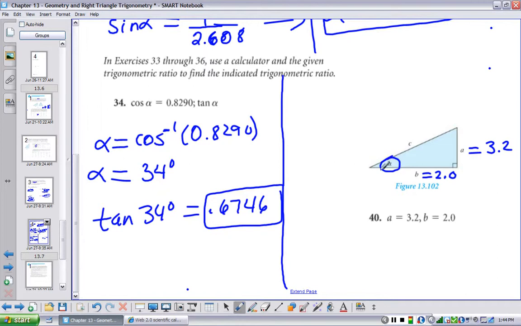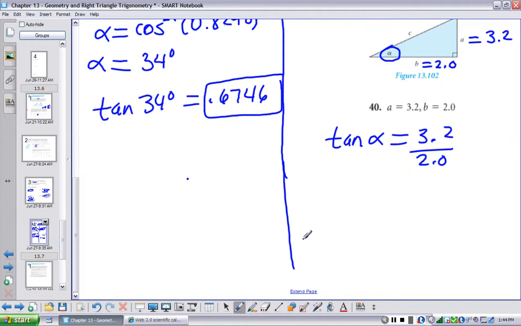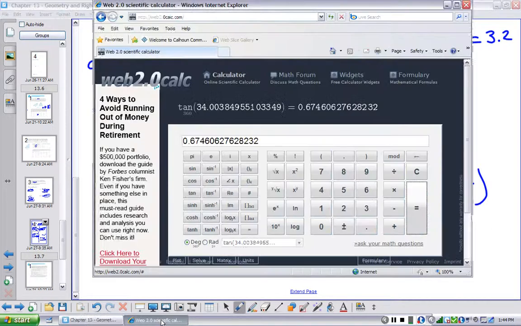Well, we're given in relation to alpha opposite over adjacent, so we know that tangent alpha is opposite over adjacent. So alpha is going to be the inverse tangent of 3.2 over 2.0. Let's bring up our calculator.